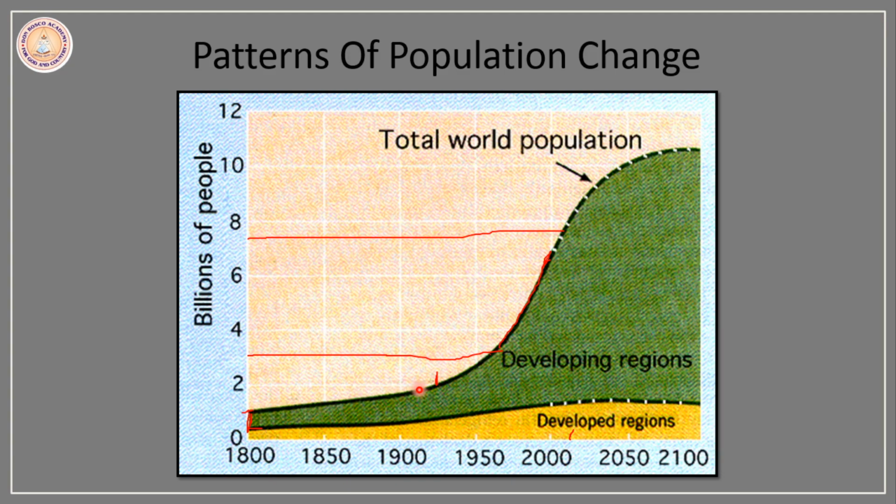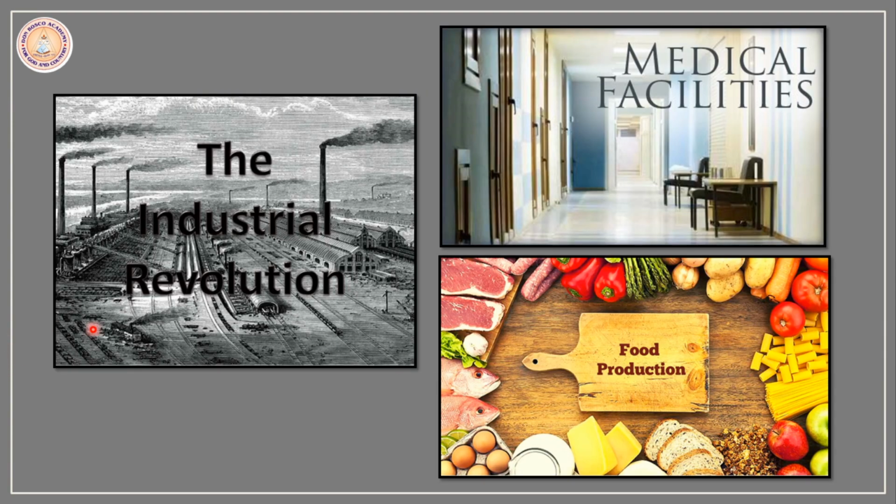But as both the birth rate and the death rate were very high during that time, that is why we were having a very slow growth of population. But with the passage of time, especially after the Industrial Revolution, the conditions of living improved due to better medical facilities and better and higher production of food.